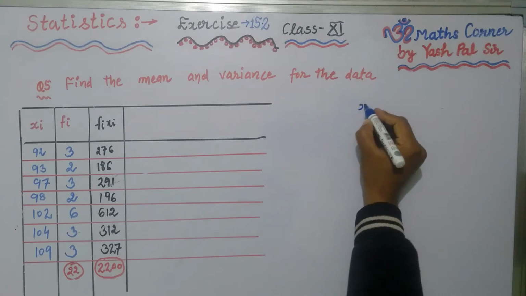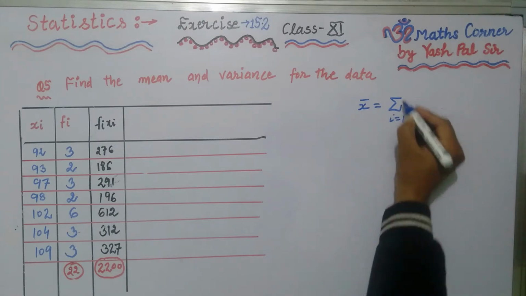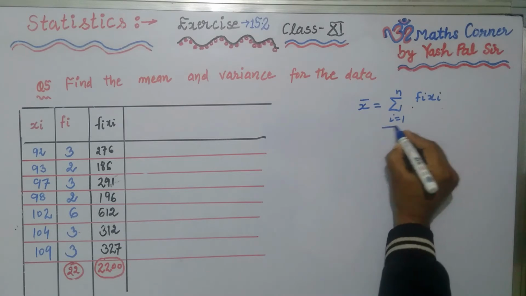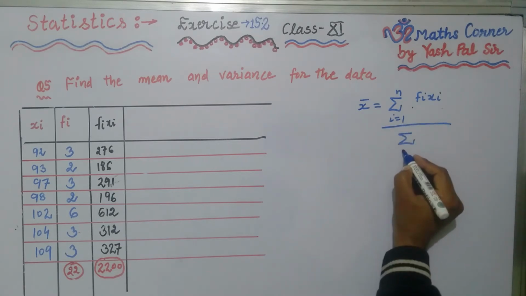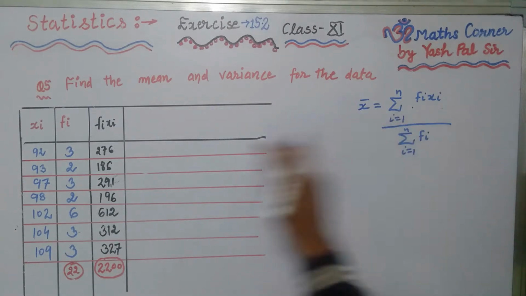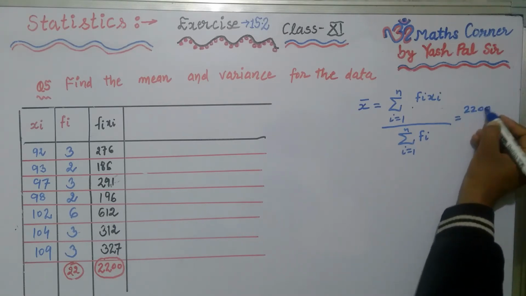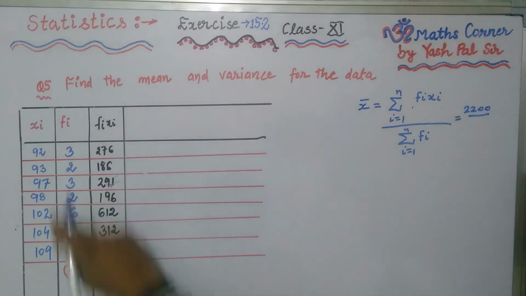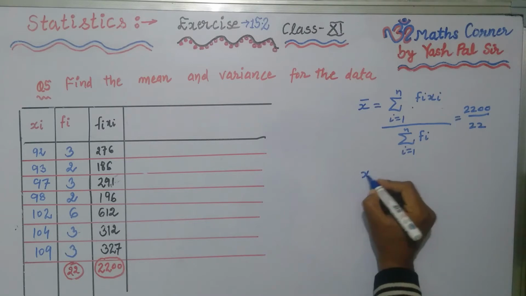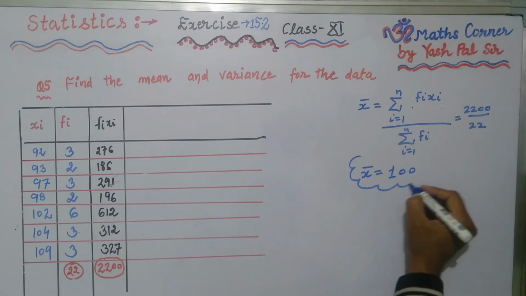Formula is x bar is equal to summation i is equal to 1 to n fi xi whole divide summation i is equal to 1 to n fi. Now this summation is 2200 and divide, and this summation of fi is 22. Dividing this, answer is x bar is equal to 100, which is the mean.